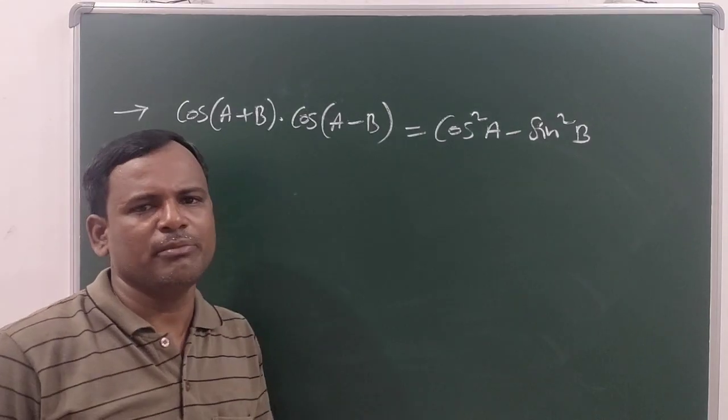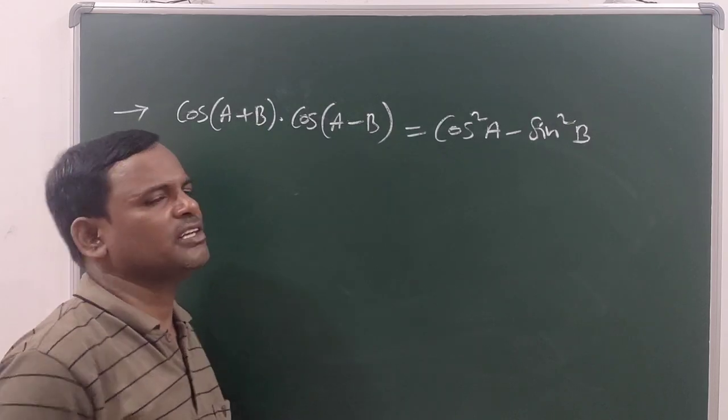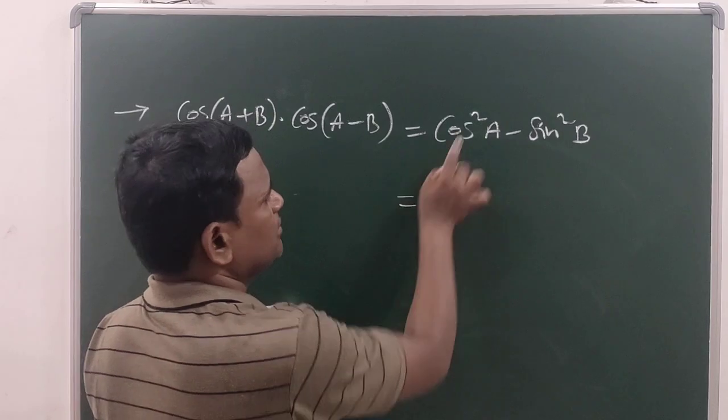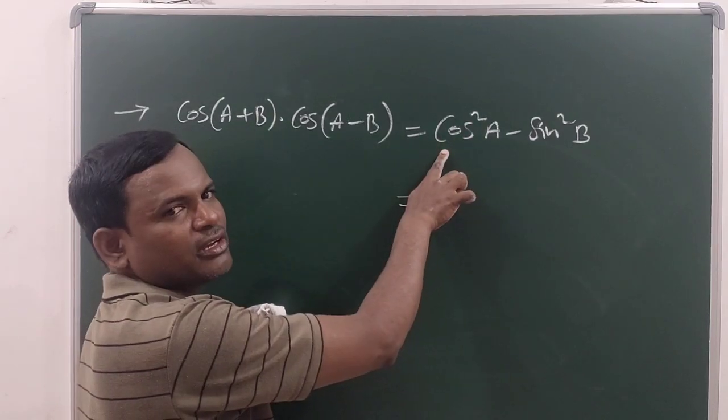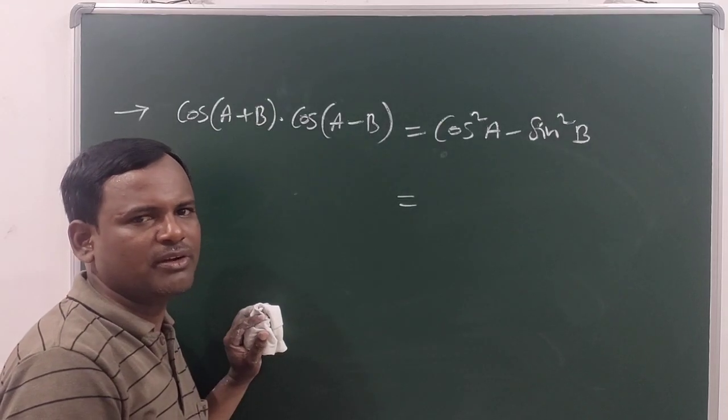Finally you will get cos square A minus sin square B. Just remember it like a standard result. Based on the standard results we will have applications. And even, apply the first identity of trigonometry, sin square theta plus cos square theta equals 1.